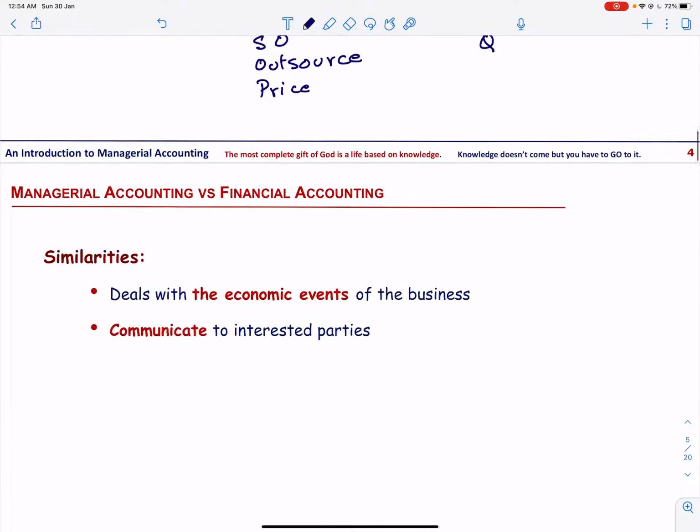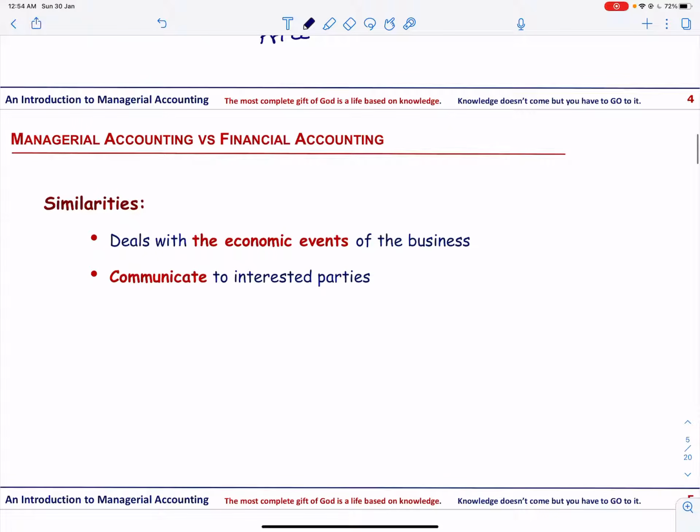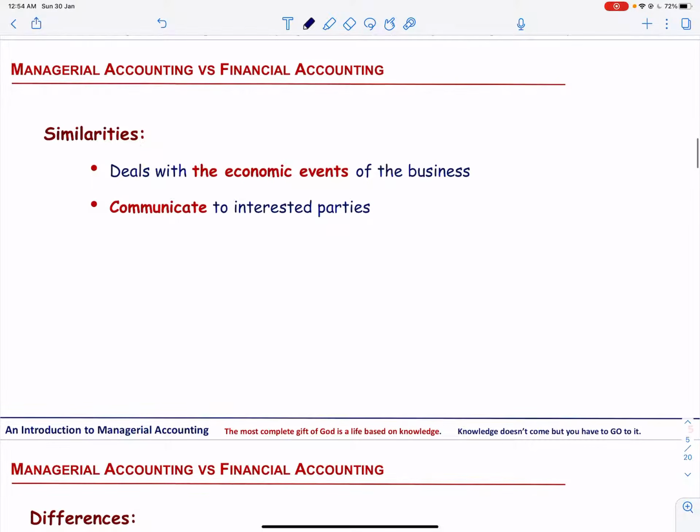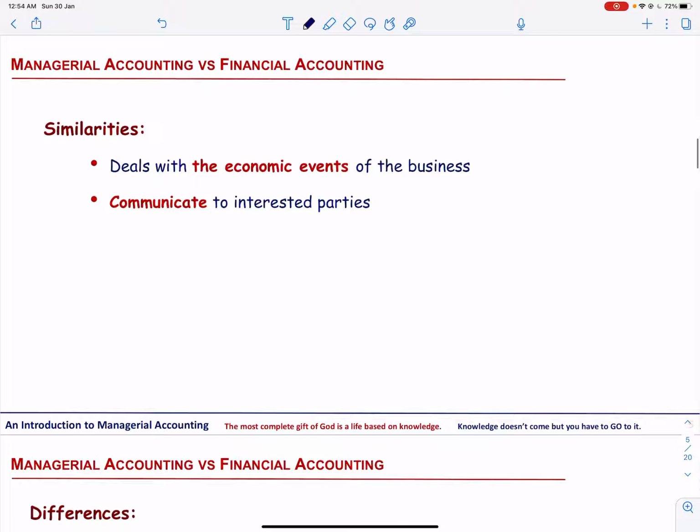Let us talk about managerial accounting and how it is different from financial accounting. We will first of all talk about the similarities. Managerial accounting and financial accounting deal with economic events of the business.